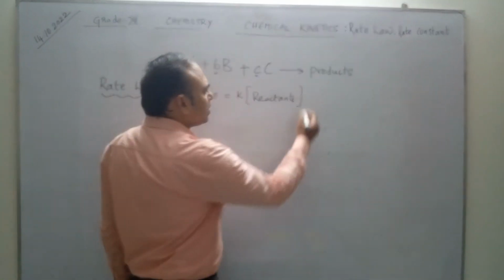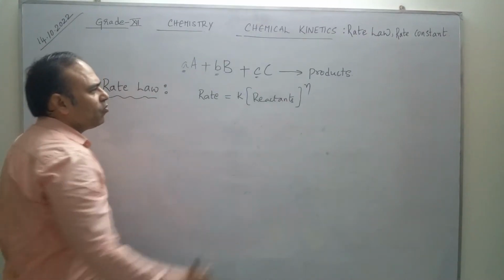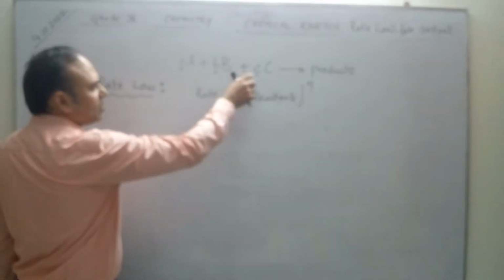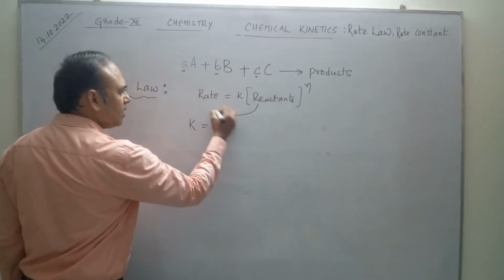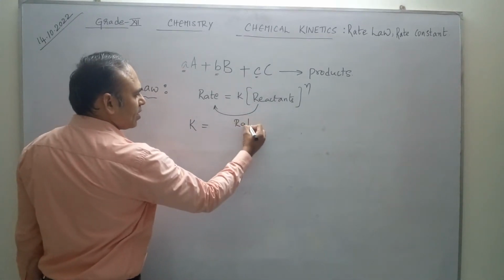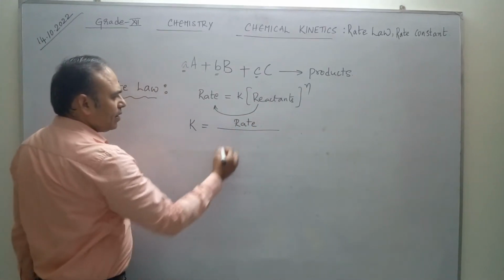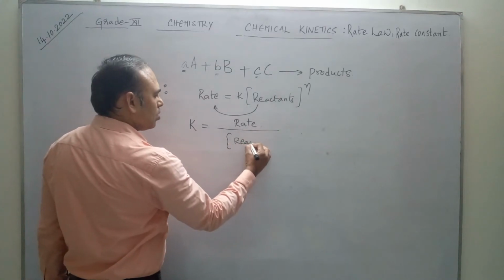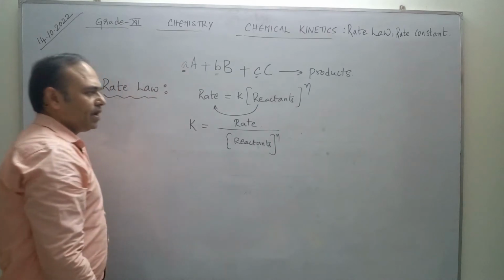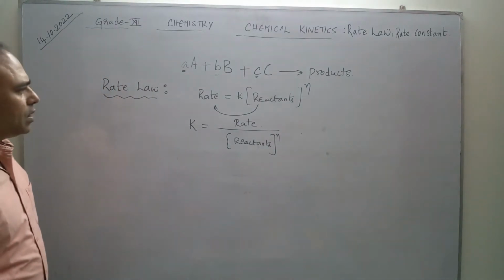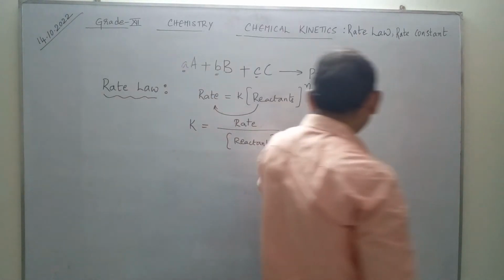So let us represent it as to the power n, where n is equal to, we can say a plus b plus c. How to get k here? K is equal to, by sending this to other side, we can write it as rate by concentration of reactants to the power of n.